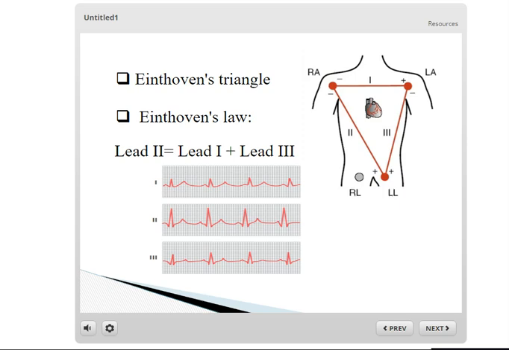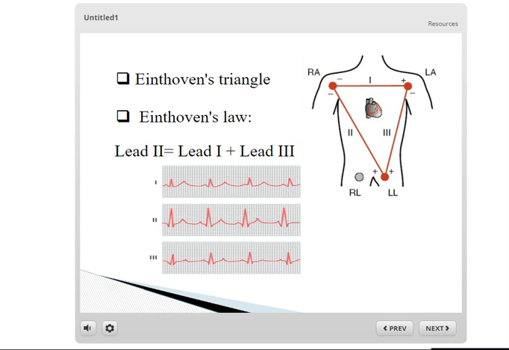The triangle can be helpful in identifying incorrect placement of leads. Incorrect placement of leads can lead to error in the recording, which can ultimately lead to misdiagnosis. If the arm electrodes are reversed, lead 1 changes polarity, causing lead 2 and lead 3 to switch.